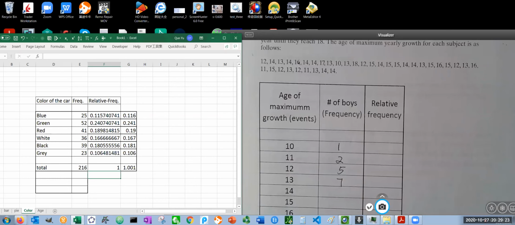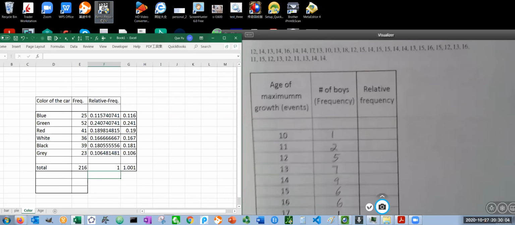And 14, 1 through 9, so 9 14s. And 15, 1, 2, 3, 4, 5, 6. And 16, 1, 2, 3, so 3 16s. 17, just 1. 18, just 1.